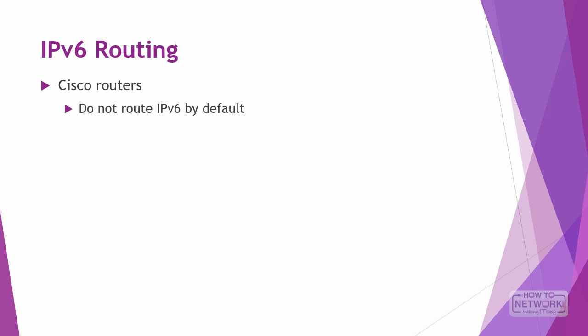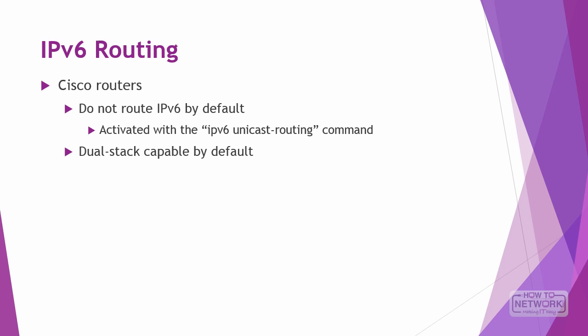Cisco routers do not route IPv6 by default, and this capability should be activated with the IPv6 unicast routing command. Cisco routers are dual stack capable by default, meaning they are capable of running IPv4 and v6 simultaneously on the same interface.